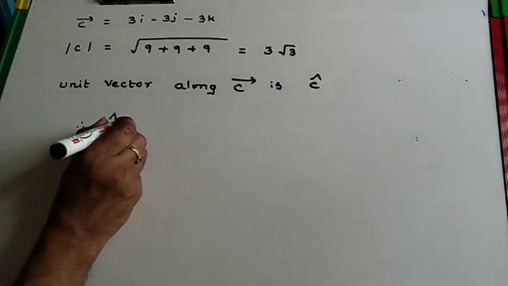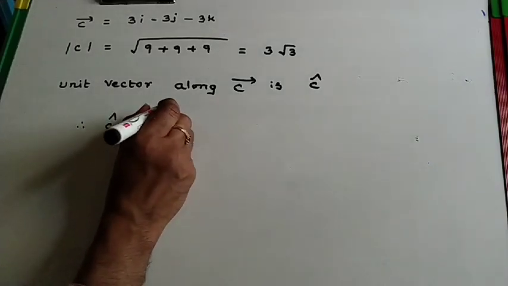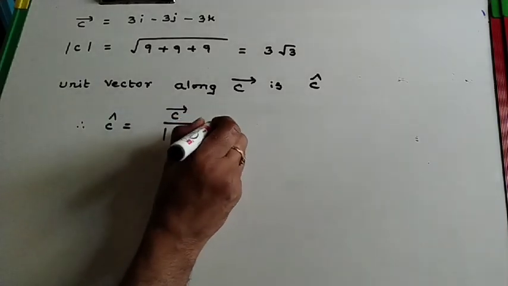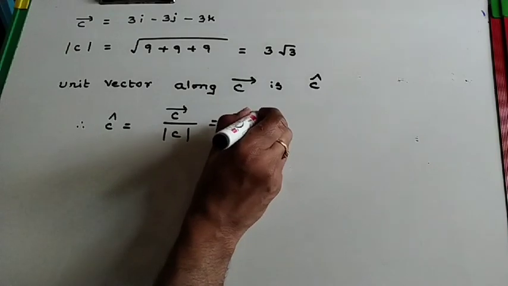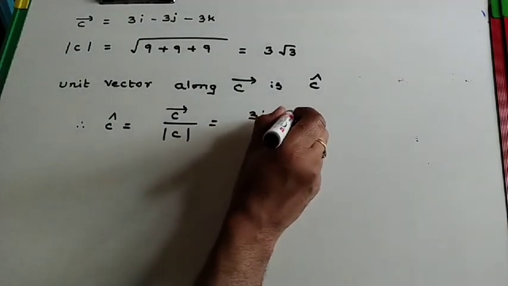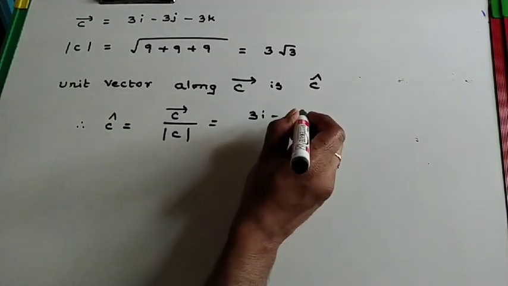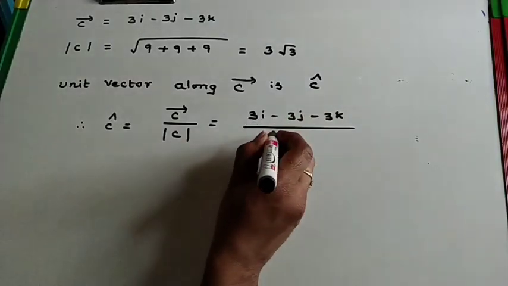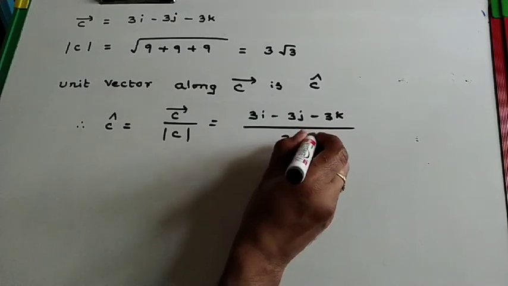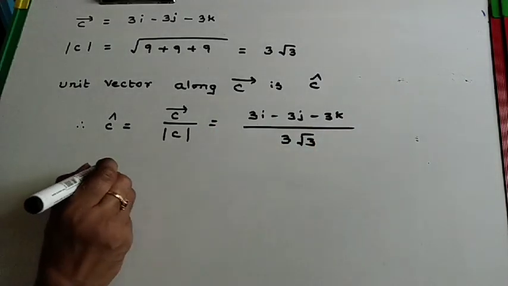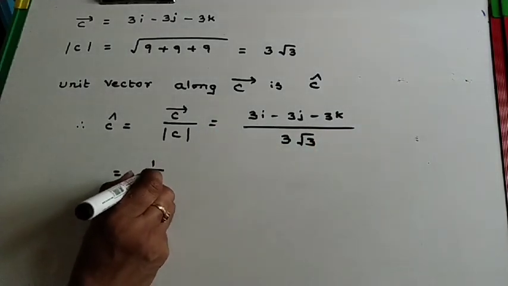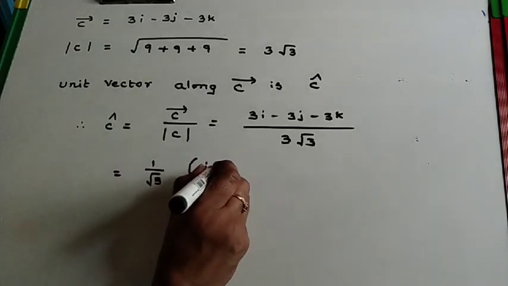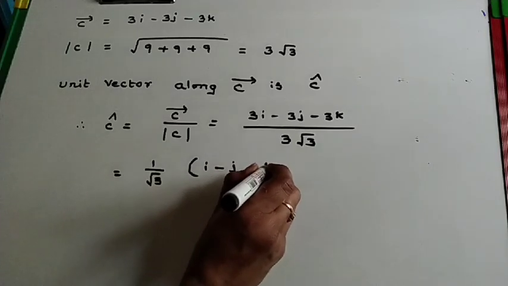C unit vector is equal to C vector by the magnitude of C, that is equal to 3i minus 3j minus 3k whole by 3 root 3, that is equal to 1 by root 3 into i minus j minus k.